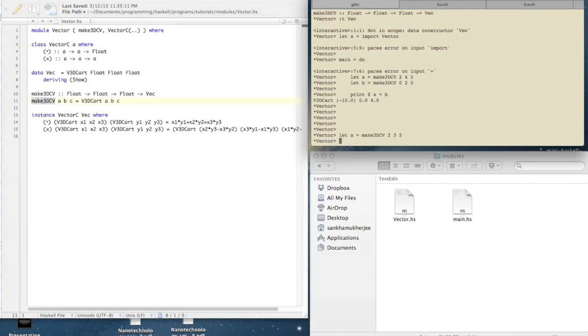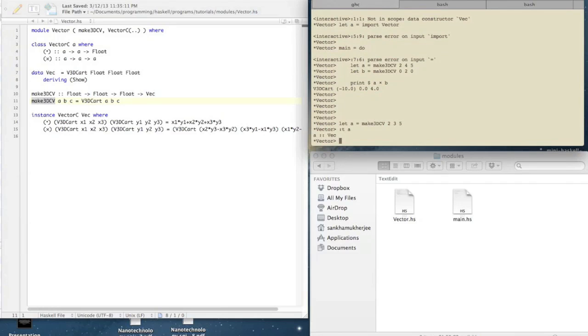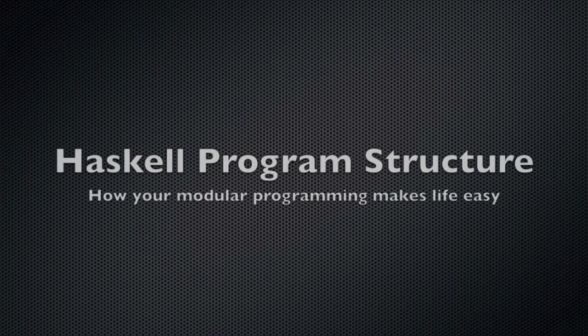That thing is creating a vector. You see, that's a vector, and you can use that as something with a data type vec, but you have no idea what happens inside vec. So anyway, this is the end of the middle section. Now in the next section, I want to tell you a little bit about the overall structure of a Haskell program.